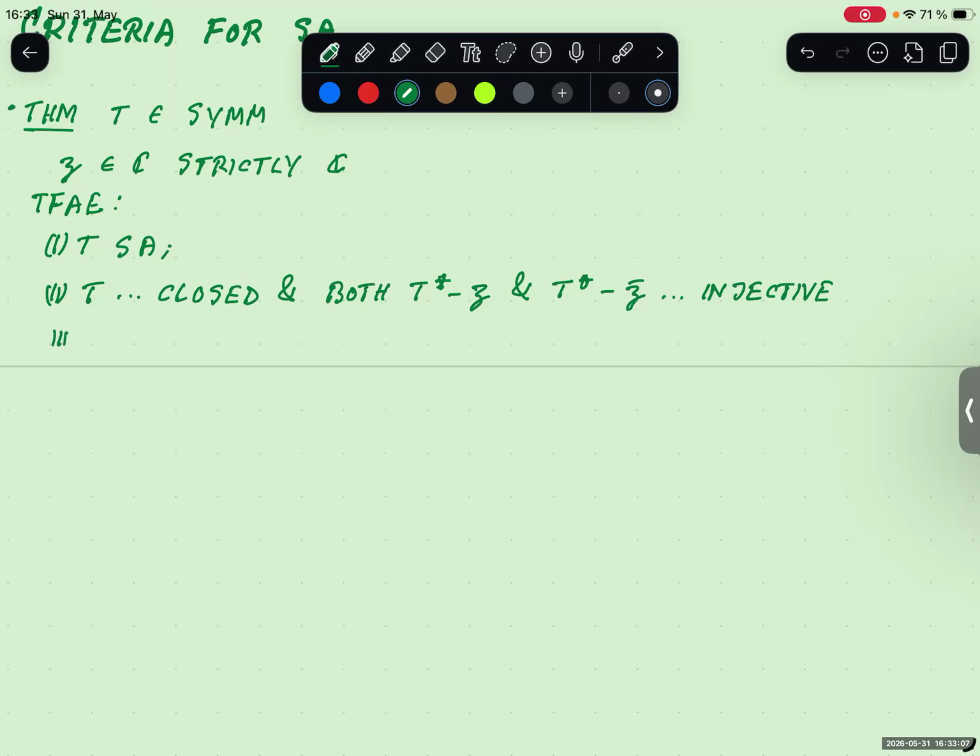Another one is: both T minus Z and T minus Z complex conjugate have bounded inverses.